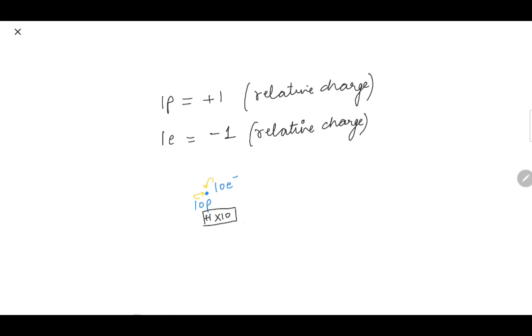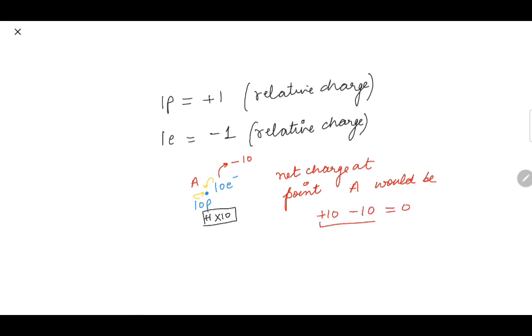Okay? And that would be plus 10. And what would be the charge of 10 electrons? It would be minus 10. So the net charge at point A would be plus 10 minus 10 equals 0.